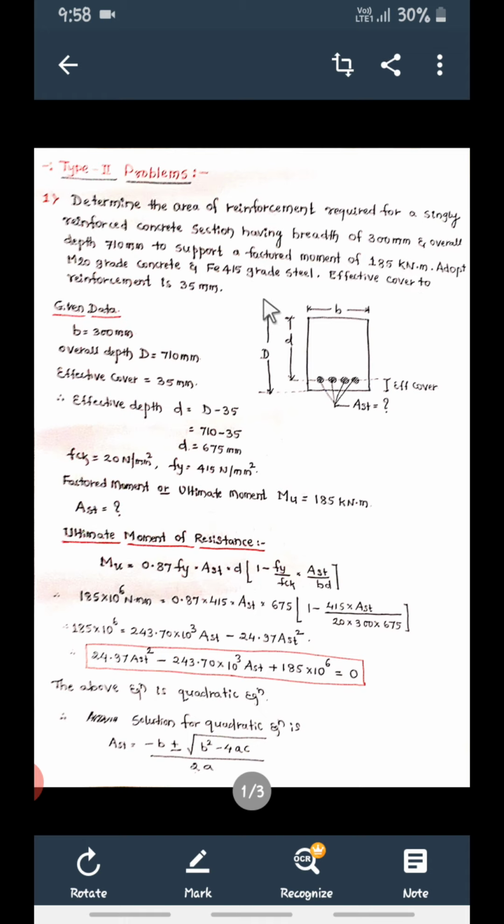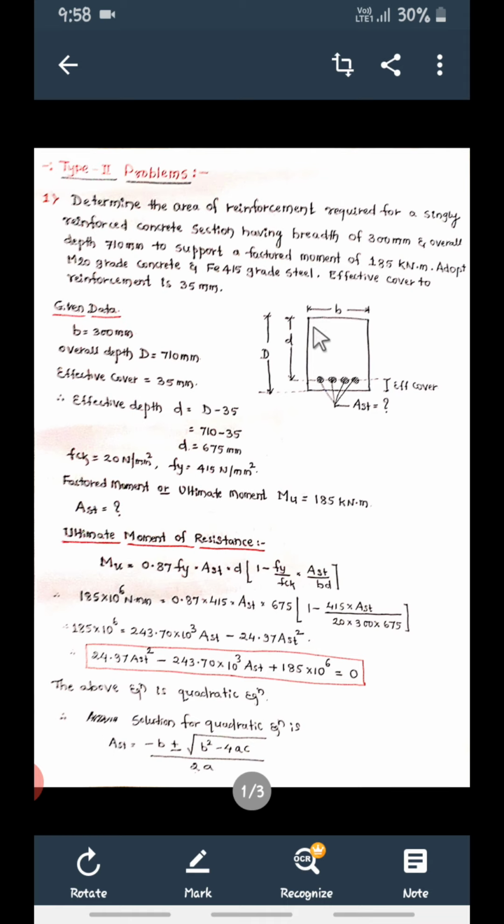As soon as a moment is given, this is a type 2 problem. Adopt M20 grade concrete and Fe415 grade steel. What we need to find out here is the area of reinforcement, that is AST.